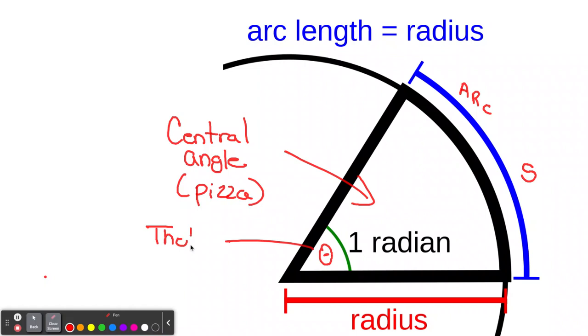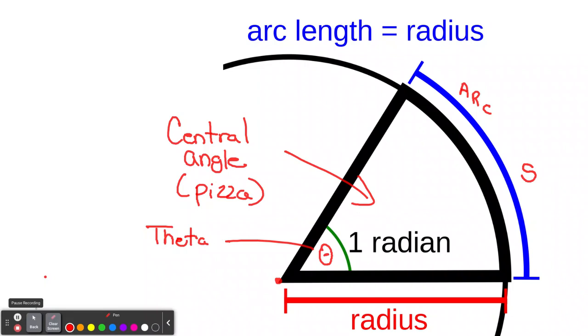In this central angle, we have the center of the circle here, and we have our radius, which is half the diameter. And this is 1 radian. So we're going to be talking about radians in the circle.